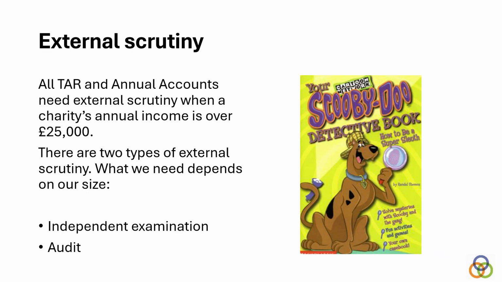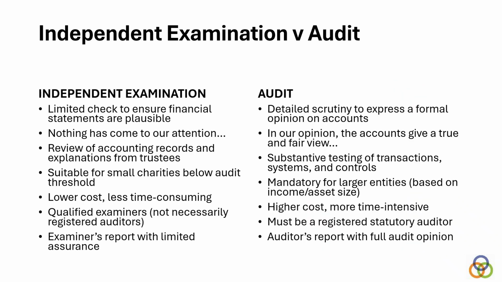Once we've prepared the accounts, we need to get some external scrutiny, whether we've got receipts and payments or accruals. Providing our annual income is over 25,000 a year, we need to get them independently verified. Smaller organisations can have a lighter touch verification or scrutiny with an independent examination. Larger organisations would have a heavier, deeper, more intensive scrutiny with an audit. An independent examination is a light touch, and it really says the numbers match what's happening in the real world.